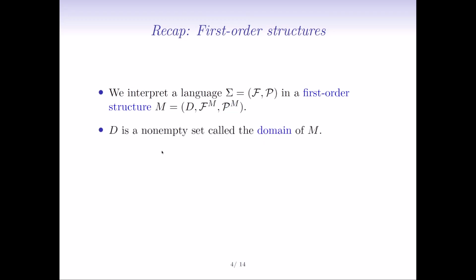Now, just to make that a bit more precise, D has to be a non-empty set of objects, and it's called the domain of that structure. So it could be a set of numbers, or a set of people, or objects of any kind.